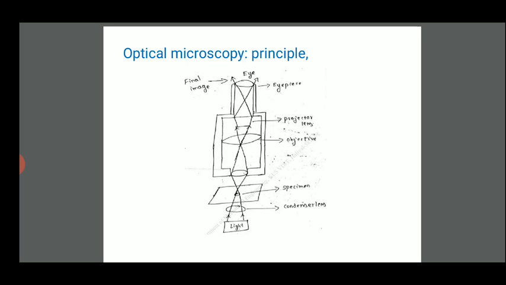So it creates a magnified image by using an objective lens and making an inverted real image, and magnifies the image further with an eyepiece to allow the user to observe it by naked eye.